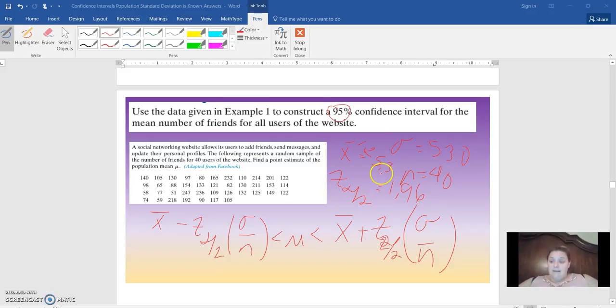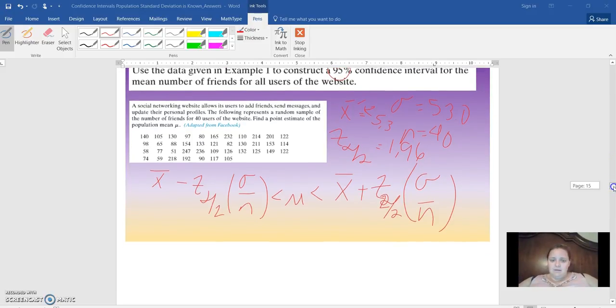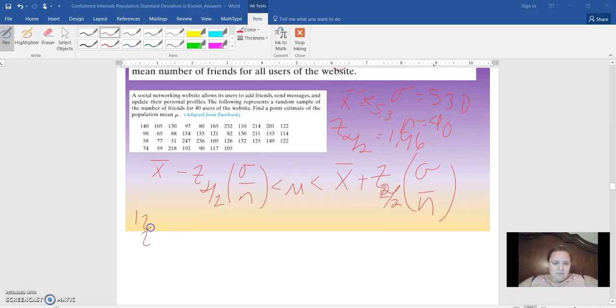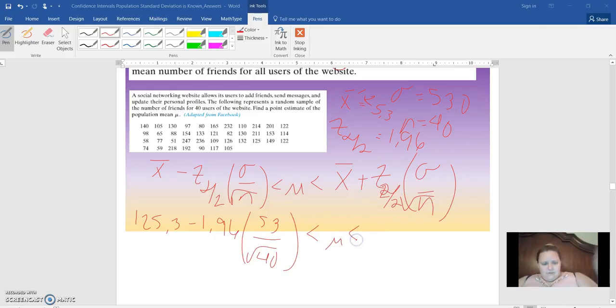All right, we just plug it in. x bar, 125.3 minus 1.96 times 53 over square root 40. Do it again on this side: 125.3 plus 1.96 times 53 over square root n. We know n, it's 40.